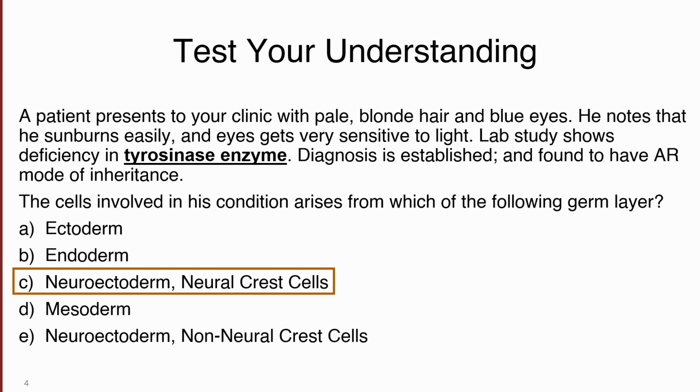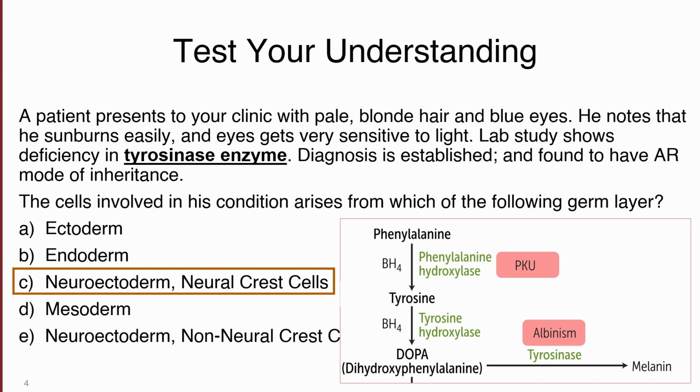So let's understand briefly the tyrosinase activity. At first, phenylalanine under the action of phenylalanine hydroxylase converts into tyrosine. Tyrosine, when hydroxylated, converts into dopa, and dopa, when acted upon by tyrosinase, gets converted into melanin.